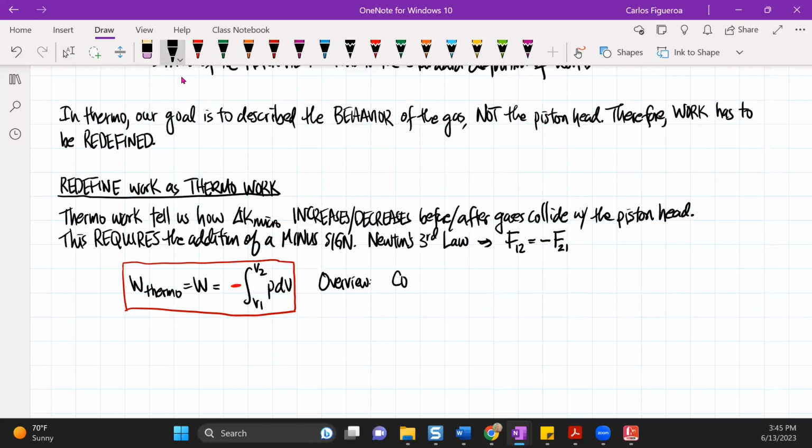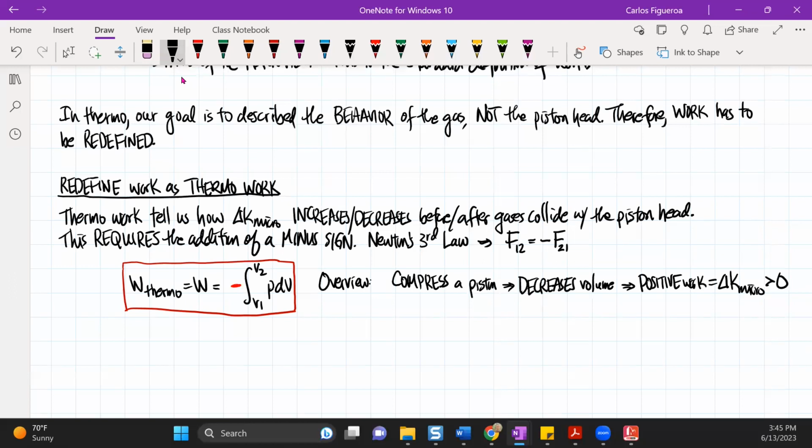So if we compress a piston, what does that do? Of course, that decreases volume. But now if I focus on the gas, this is positive work by the piston on the gas, which then increases the microkinetic energy.